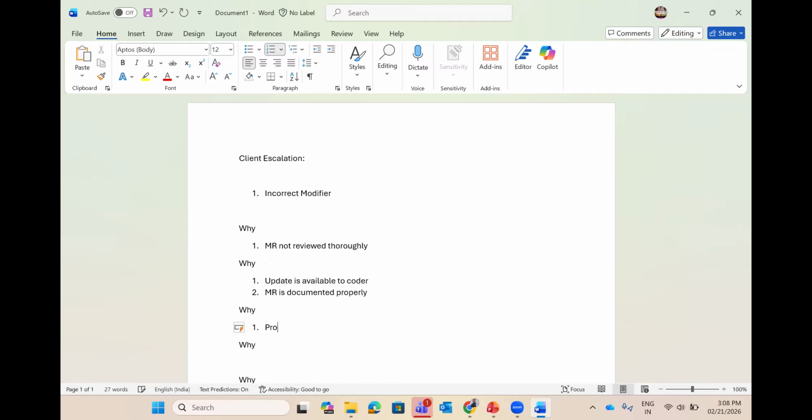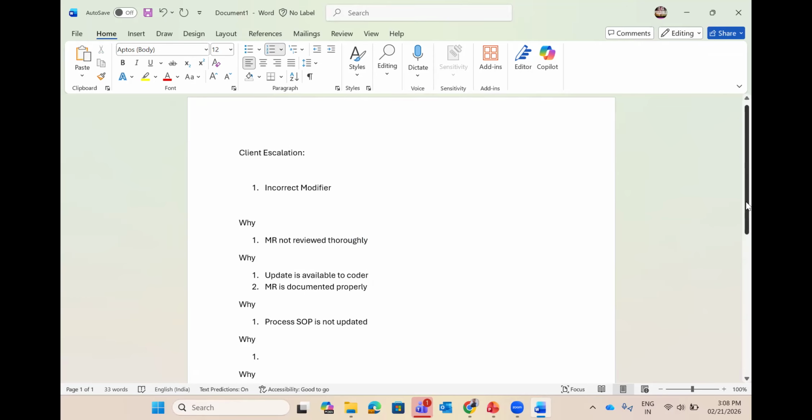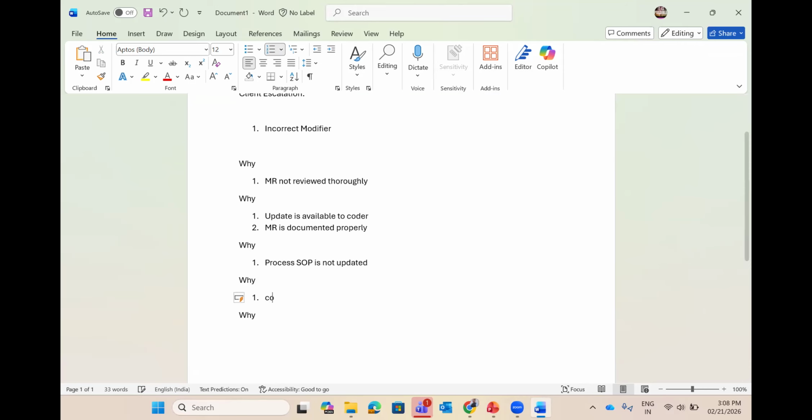Okay, the process SOP is not properly updated. So next question: why is the SOP not updated? Communication gap, sir. Okay, the communication gap. Why is there a communication gap? The ownership issue.